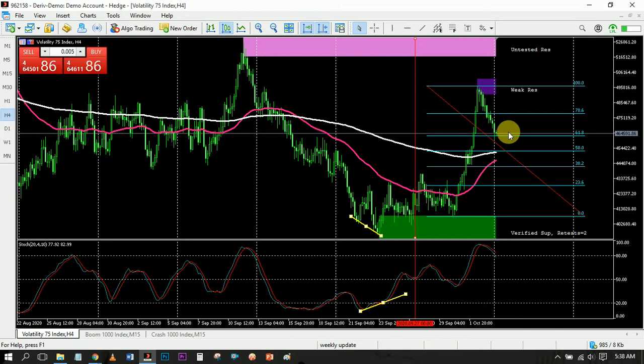But I for one, I'm expecting it to drop to the 50% level. Based on experience, I expect that it will drop to the 50% level. Then at this level is where I might be picking up little trades that could be profitable. But notwithstanding, I'm going to see its reaction around the 61.8 level before I place my entry.